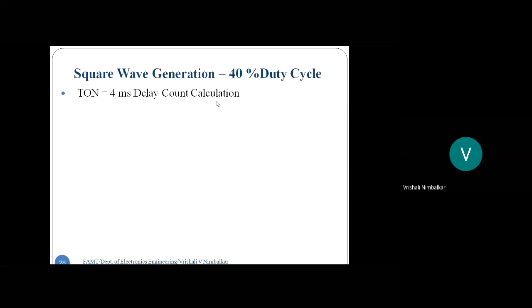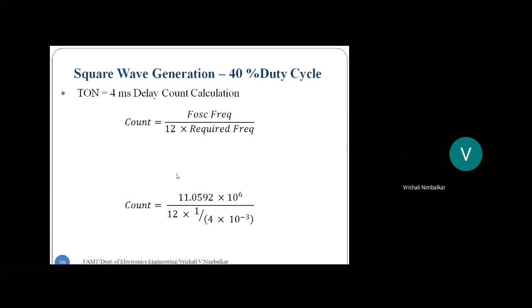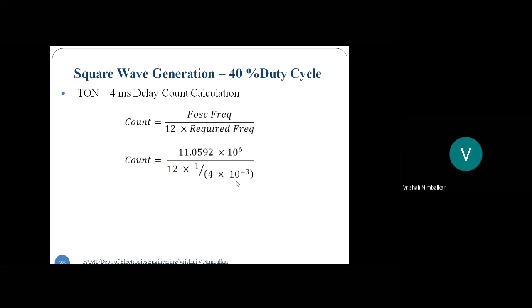Okay. So you know this relation by now. Count is oscillator divided by 12 into required frequency. So my required frequency is 1 upon 4 milliseconds. And remember, oscillator is 11.0592 megahertz. So when you do these calculations, you are going to get the count as 3686.4. You will get something in fraction now, because that oscillator frequency is in fractions.